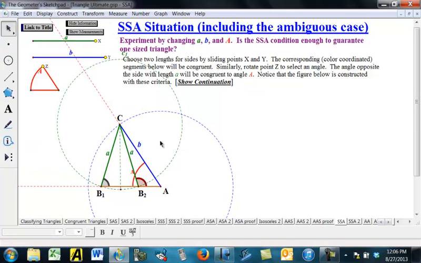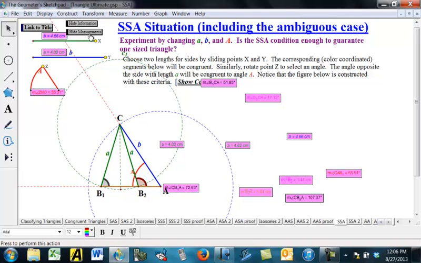Let me give them some different colors. And so we see that those two angles are different. And of course the two lengths for side C, opposite angle C, are different. One's a short one from A to B2, and the other one's a bit longer from A to B1. So they're actually two different sets of measurements.